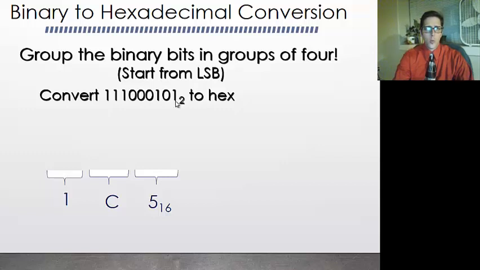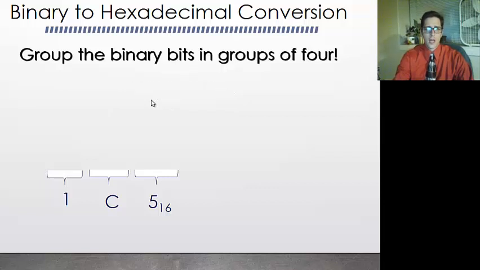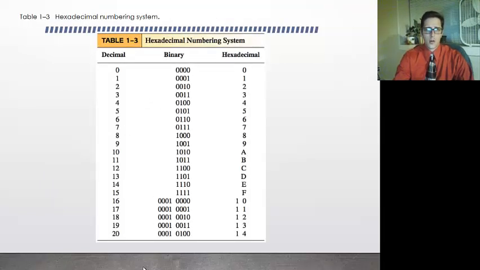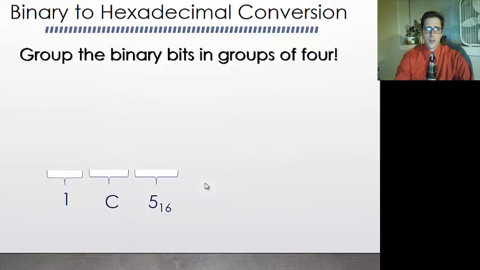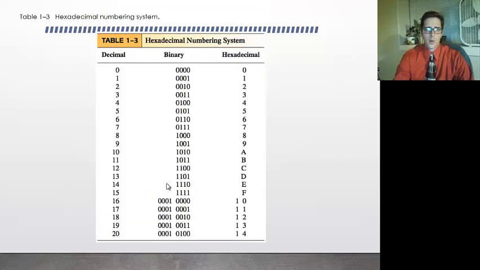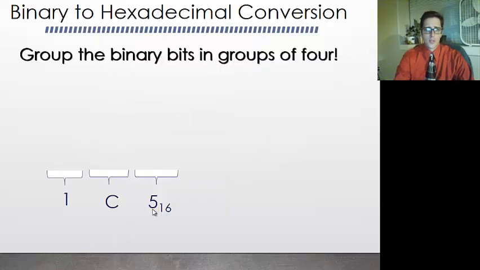So it's 1, 0, 1, 0. We go back and look at the binary to hexadecimal table. Okay, so it's 1, 0, 1, 0, so it is 5. So the first group is 5.